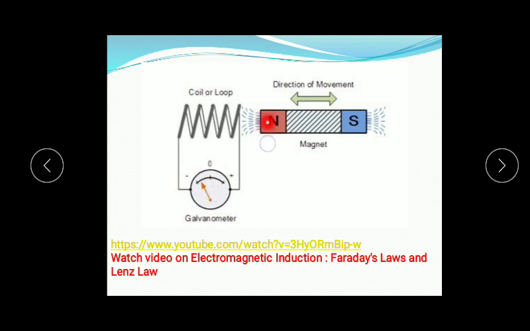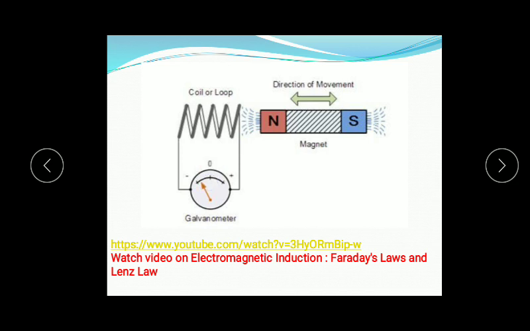If the magnet is moved away from the coil, the deflection is observed in the galvanometer, but in the opposite direction. But again, if the magnet is held stationary at the same position, the needle of the galvanometer will come back to 0 position.